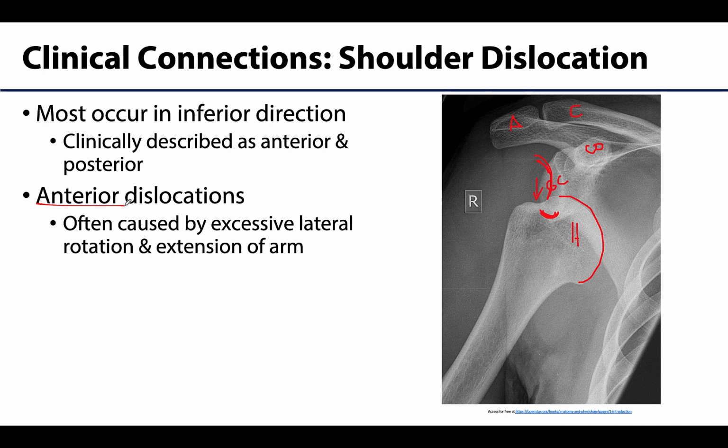Pretty much anything can happen in the human body, but by far the higher frequency is going to be anterior dislocations. This is often caused by excessive lateral rotation of the shoulder joint or hyperextension of the arm, and that will cause the humeral head to move in this region here.